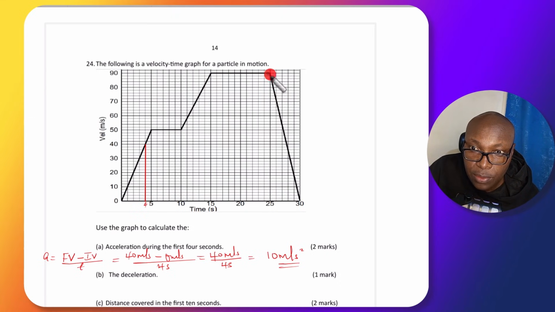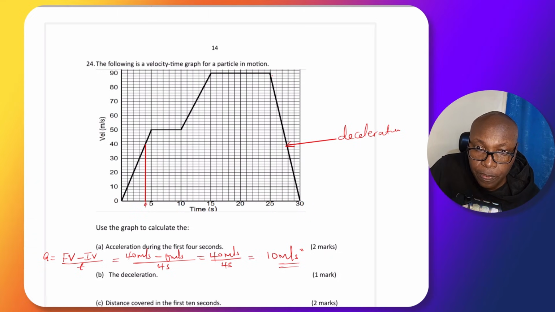You can see from this point the graph is moving downwards. So this is the point where we have deceleration. So along these lines, this is where deceleration or retardation is happening. So you need to get the deceleration, so from this point to this point.